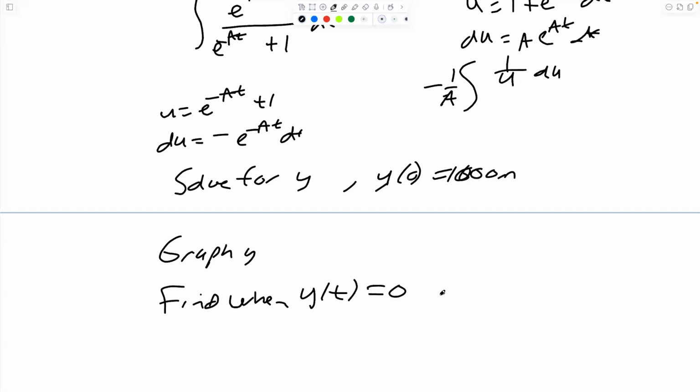So once you get that, let's call it t1, find v of t1, the speed when we hit the ground. The velocity. You're going to get a negative. It's going to be about negative 47.